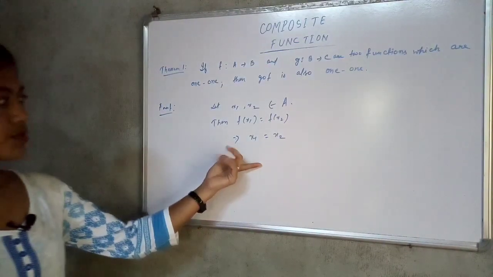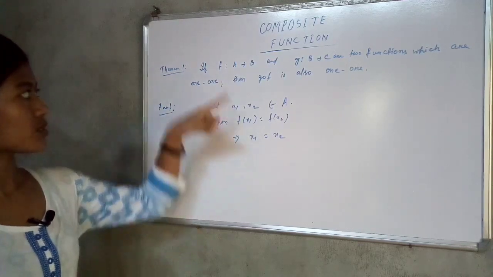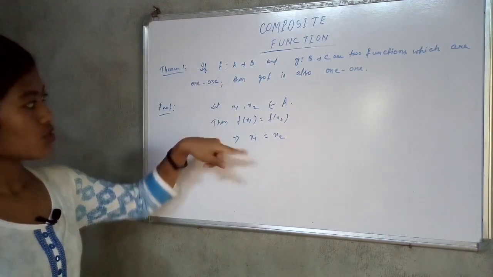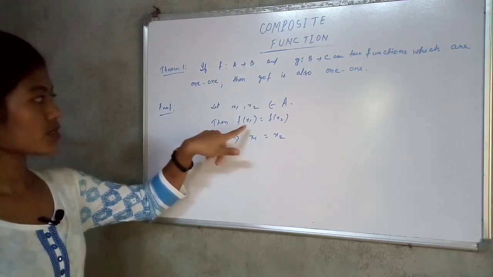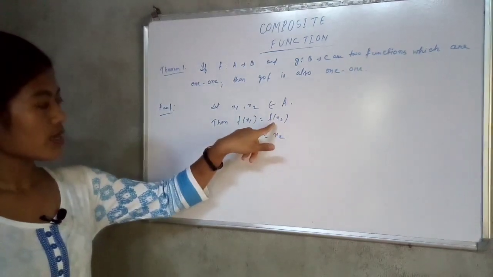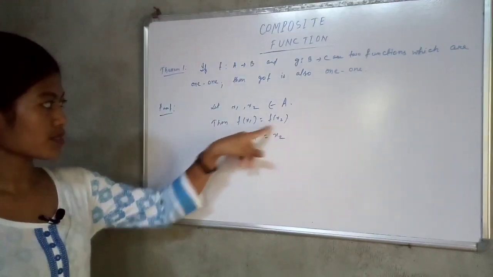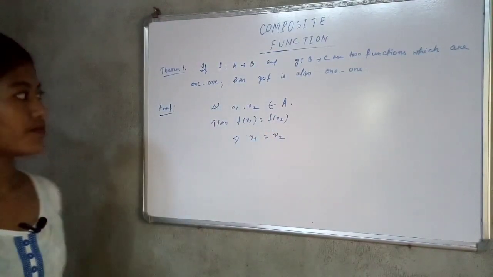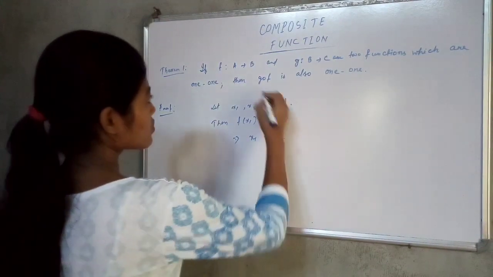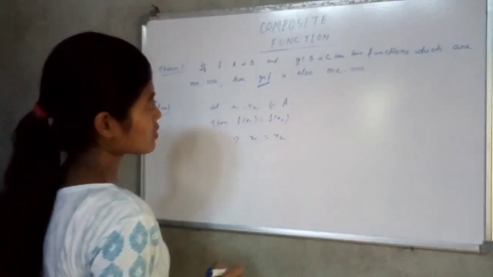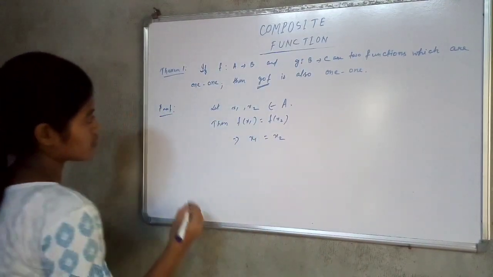This is very obvious because it is given in the question that f is a 1-1 function. So the image of x1 equal to the image of x2 implies the elements are equal. We need to check whether g naught f is 1-1 or not.